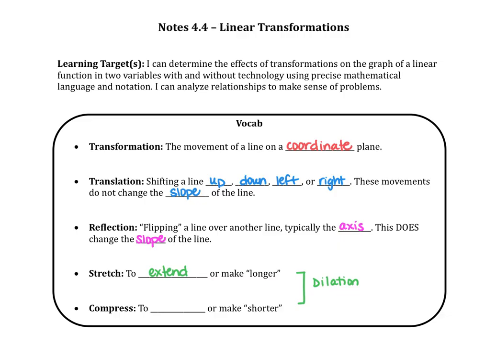And if I'm talking about compressing it, I'm talking about shrinking it or making it shorter. When I stretch and compress a line, it is also going to change my slope. So really the only one where my slope isn't affected at all is a translation.